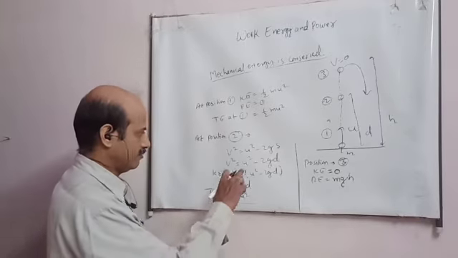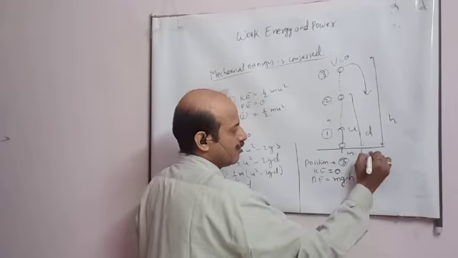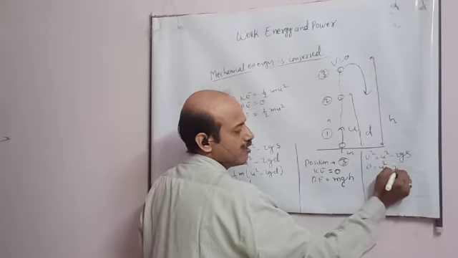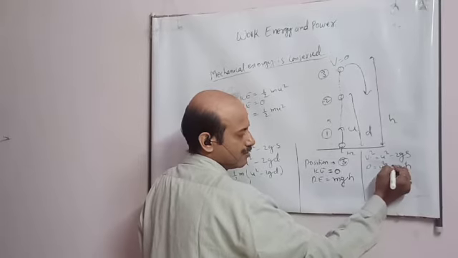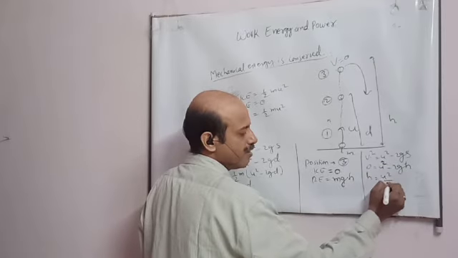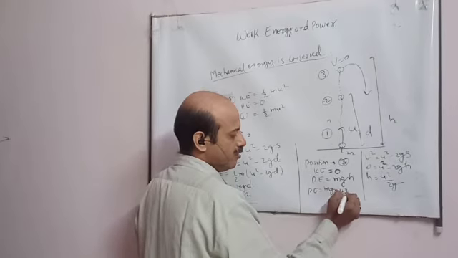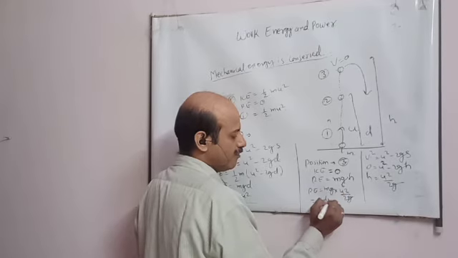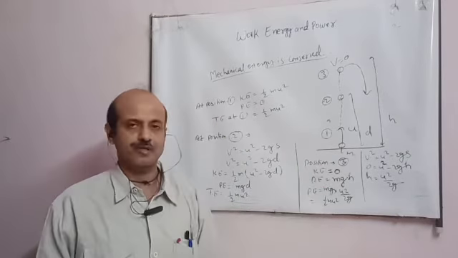I am applying the same equation: 0 equals u square minus 2gh. So h is u square by 2g. So the potential energy comes out to be mg into u square by 2g, which is half mu square, and the total energy is again the same. Everywhere we are getting half mu square.